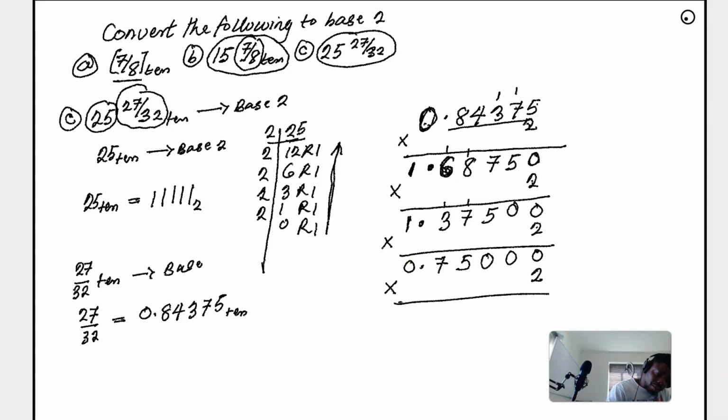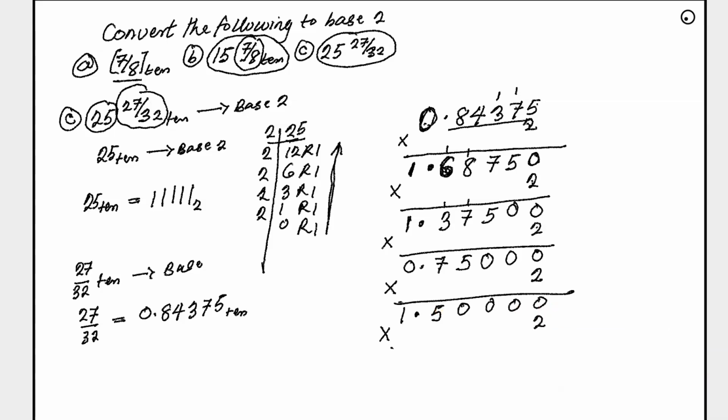So multiply by 2. 0, 0, 0. 2 times 5, 10. Remainder 1. 2 times 7, 14 plus 1, 15. Remainder 1. Continue to multiply because you want everything to be 0. So 2 here. 0, 0, 0, 0. 2 times 5, 10, remainder 1. Now, everything is 0 after the decimal. So it means that you are going to stop.